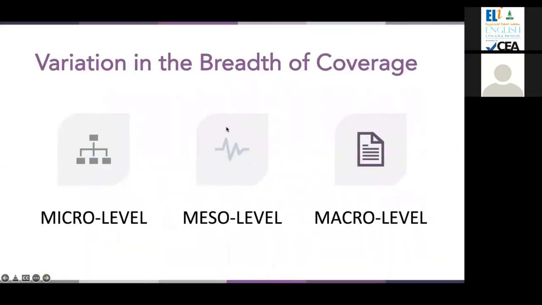Now, there's also variation in the breadth of coverage. If you think of a theoretical framework, as I said, it acts like the blueprint of the house. It acts like a guide for the entire research, but there is variation in the amount of coverage.